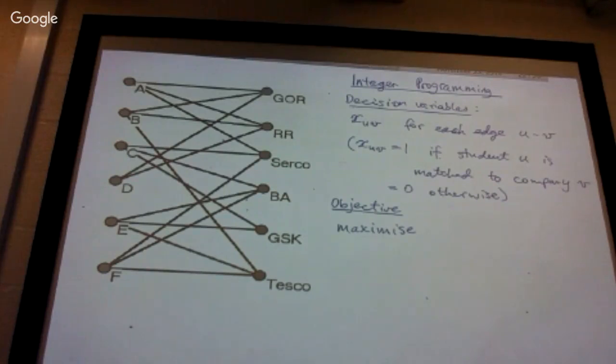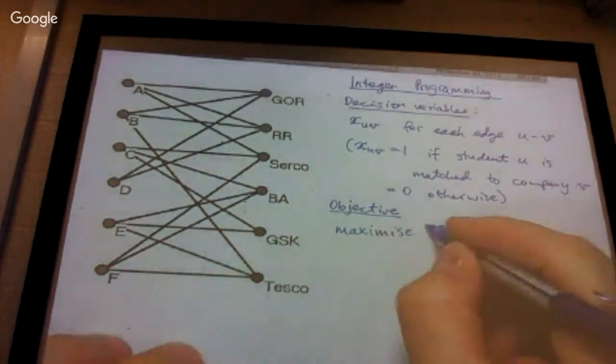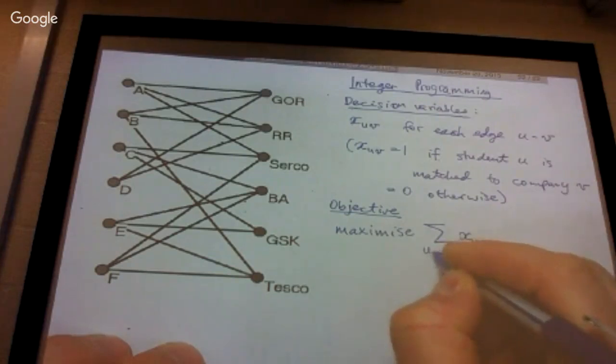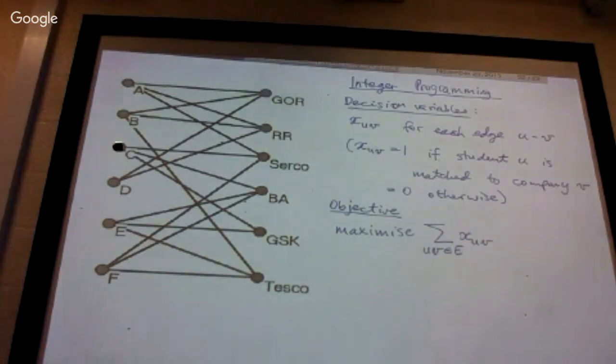You get a 1 for every edge you choose, and you get a 0 for every edge you don't choose. So how do you find the number of edges you've chosen? You add them all together. Yeah, it's the sum of everything. You add all the x_uv for all the edges uv, and that's it.